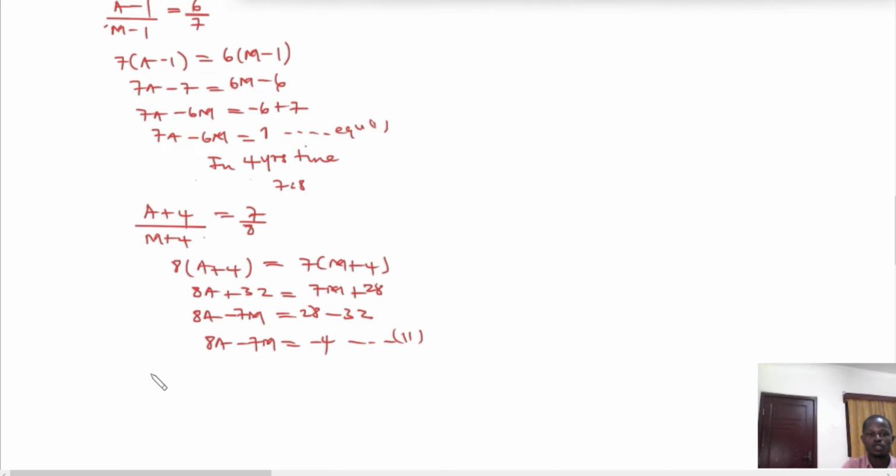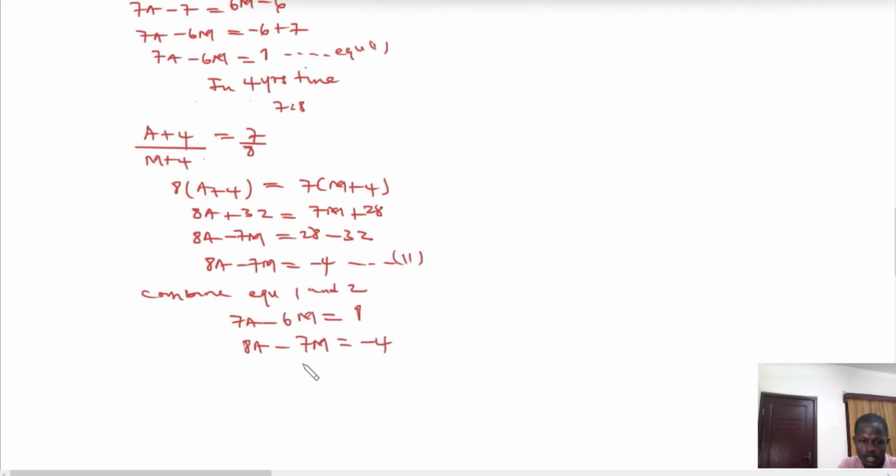So we're going to combine equations 1 and 2 and solve them simultaneously. Equation 1 is 7A minus 6M is equal to positive 1, and equation 2 is 8A minus 7M is equal to minus 4.